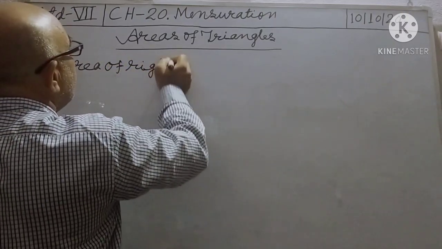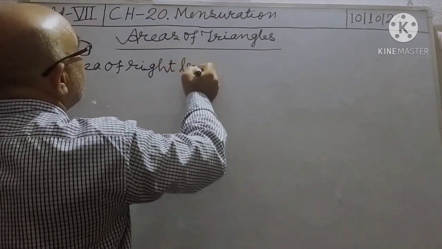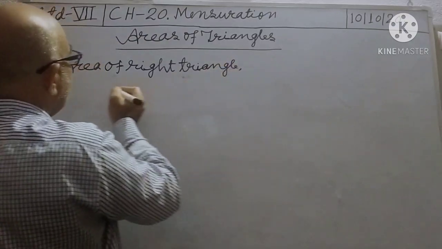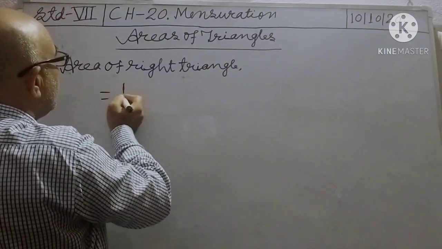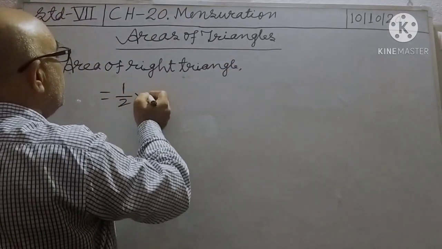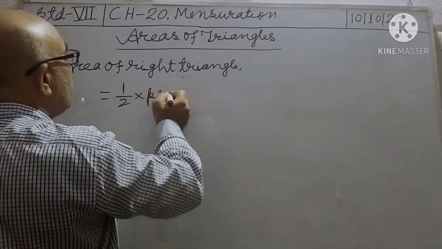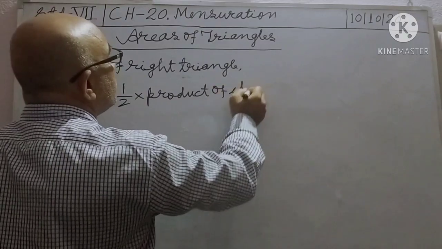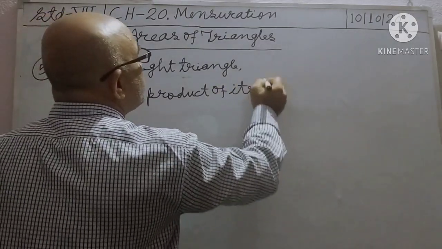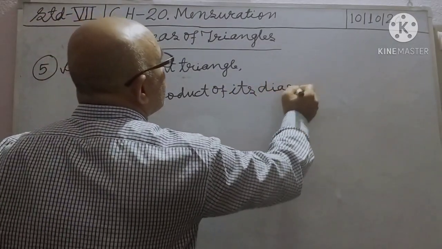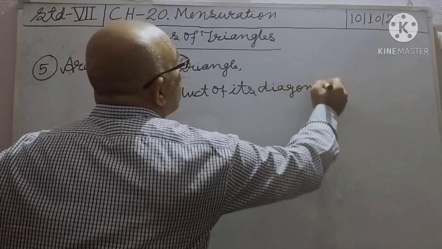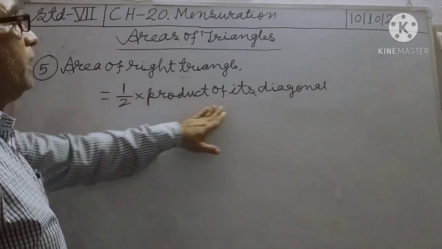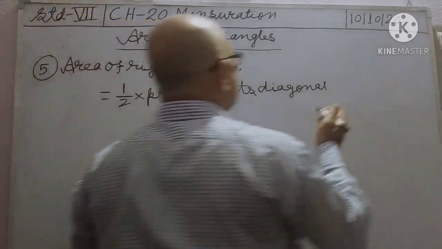Area of a right triangle equal to 1 by 2 into product of its legs.